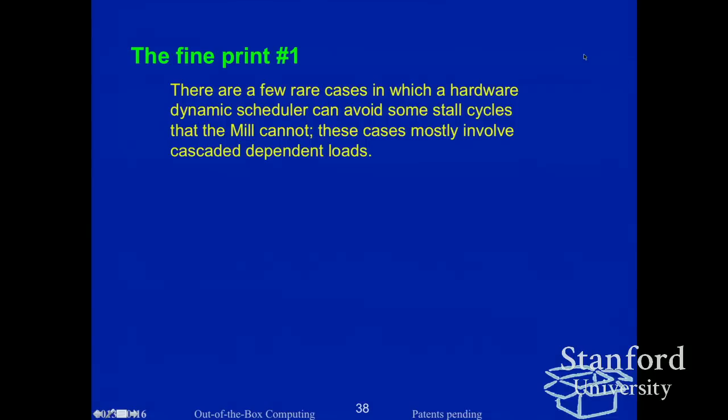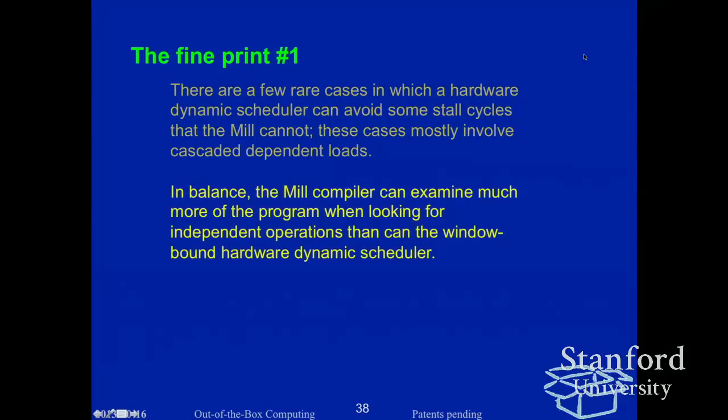They are, in fact, rare in code, but they do exist, and it's left as an exercise. On the other hand, because the Mill is doing static scheduling, it's got a complete view of the entire program and can find operations that can be issued in parallel, which the hardware unit, which is restricted only to the instruction window, cannot find. This effect is also relatively small.